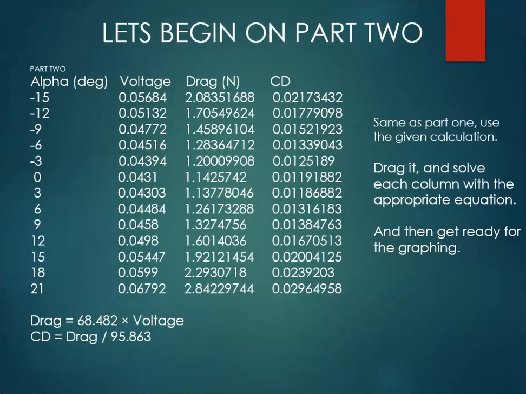Part 2 focused on drag. Here I worked with the second set of values in the dataset, which listed the drag forces at each angle of attack. Using those values, I calculated the drag coefficient CD. CD is useful because it shows how much aerodynamic resistance the airfoil produces as the angle increases.